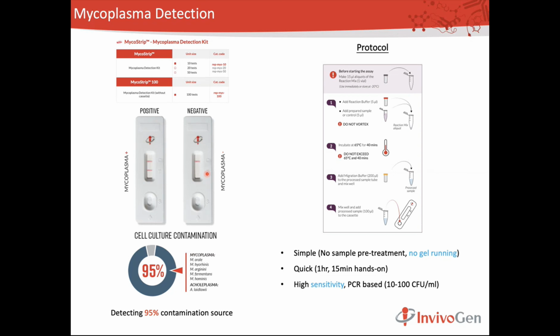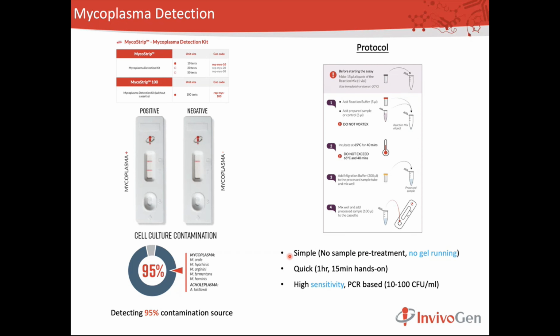And then after PCR, you have to run the gel and then visualize it. For this test, we simplify before and after. Before PCR, no sample pre-treatment. You simply take the cell culture supernatant and you're ready to go. After the PCR, no gel running. This replaces the gel running part.